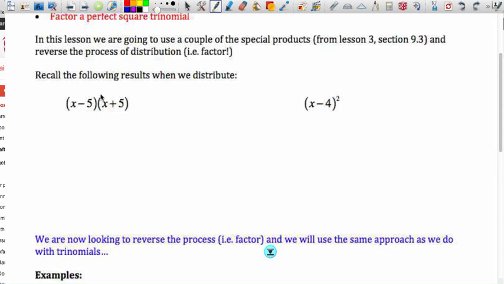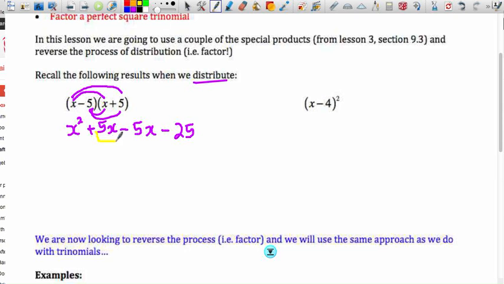And so what we'll do is distribute them out. Over here we're going to have x times x, which is going to give us x squared. X times plus 5 will give us our plus 5x, minus 5 times x, minus 5x, and minus 5 times plus 5, minus 25.